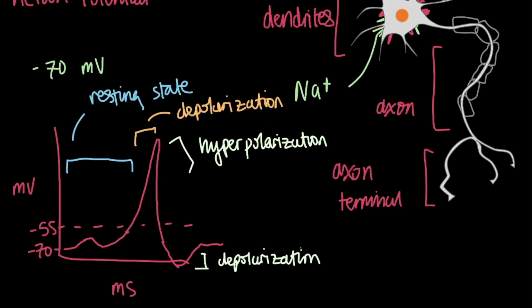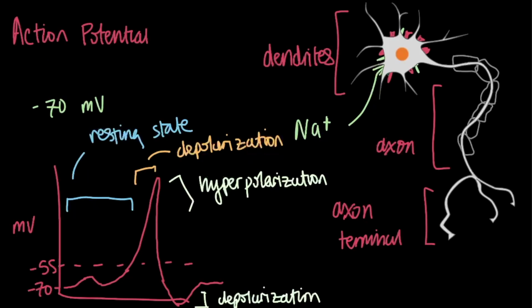So let's break it down, right? When this threshold of negative 55 is reached, we have voltage-gated sodium channels opening, which cause sodium to rush into the cell, which rapidly decreases the polarity of the cell.